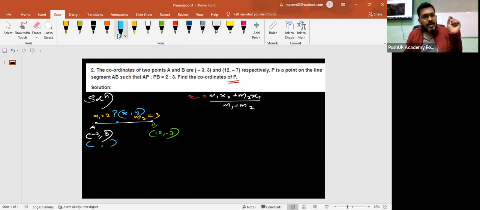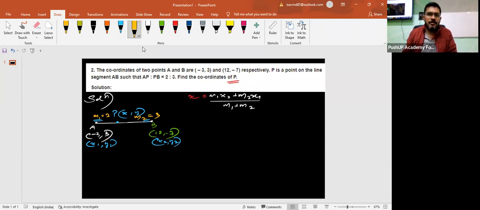So take the coordinates of A as x1, y1. Wherever you have taken m1, that point should be considered as x1, y1. And here it is m2, so consider the coordinates of B as x2, y2.